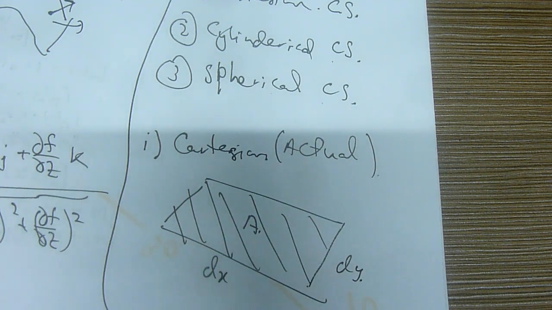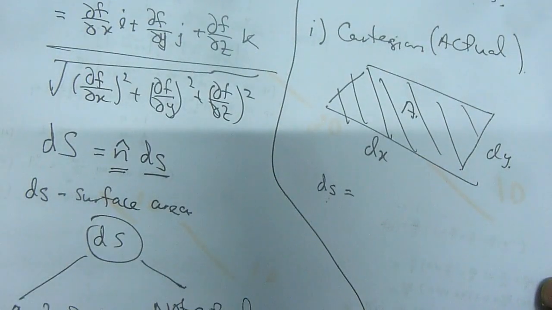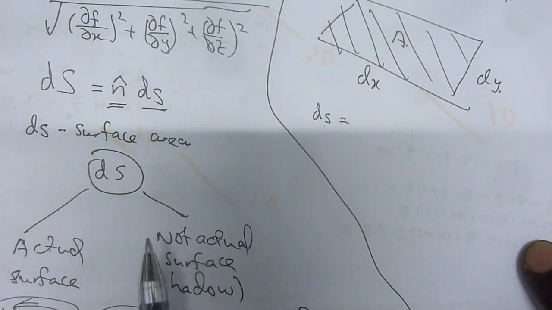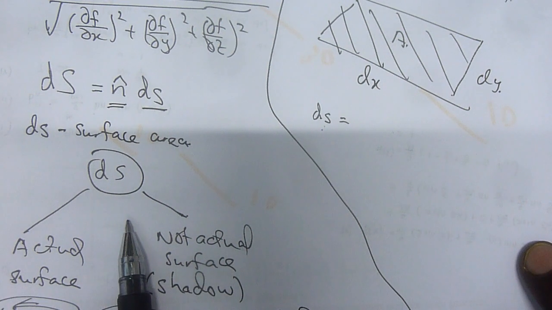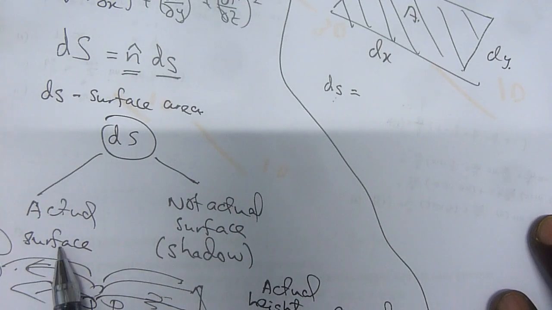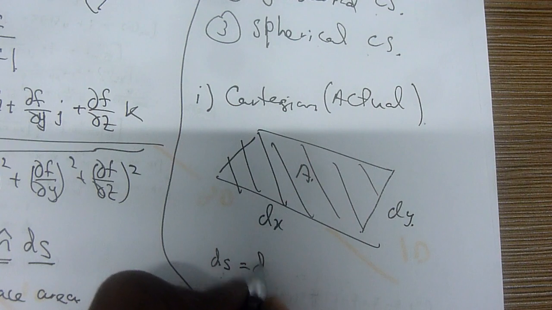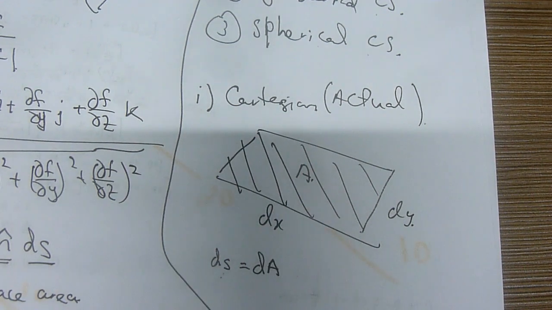Therefore the ds surface can be defined as ds. Remember, this is the purpose I use the same paper. Since it's an actual surface, I can use another convention called dA, since it's actual.